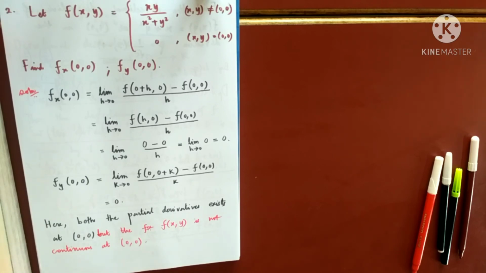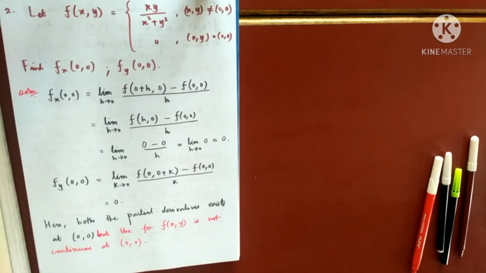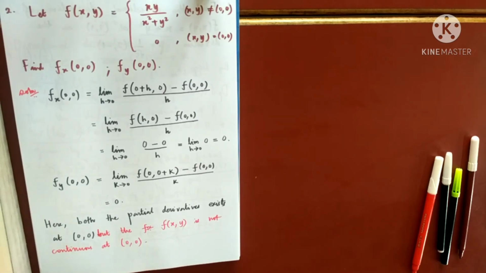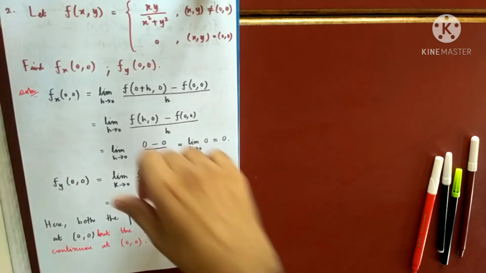Even if they are equal, the function may not be continuous at that point. We have a counter example. Understood? Please keep that as a very important note.